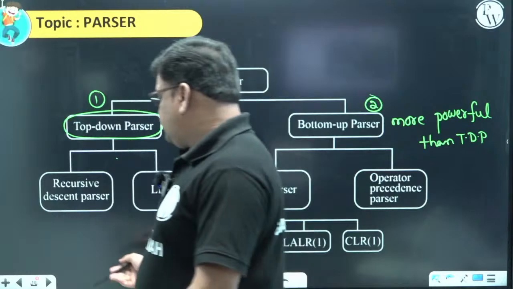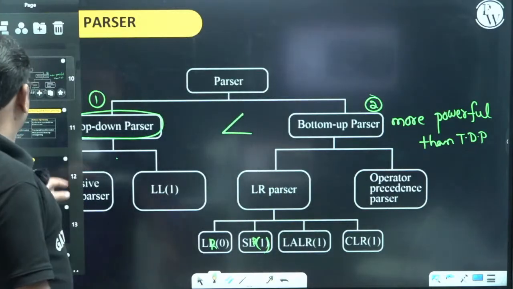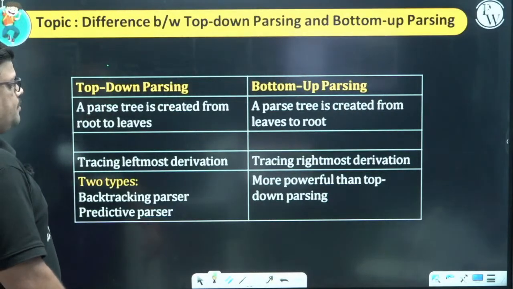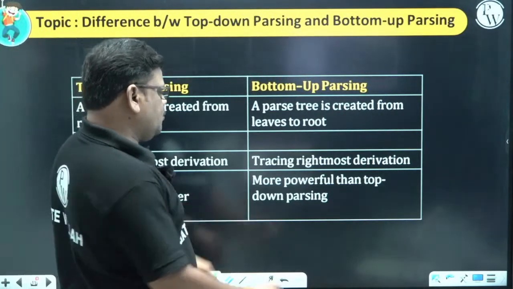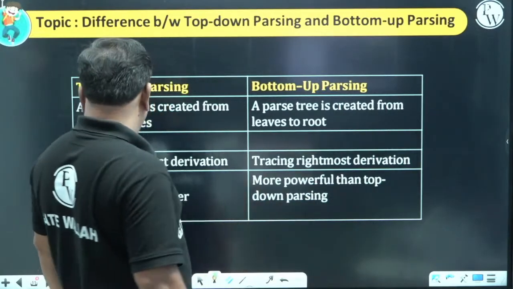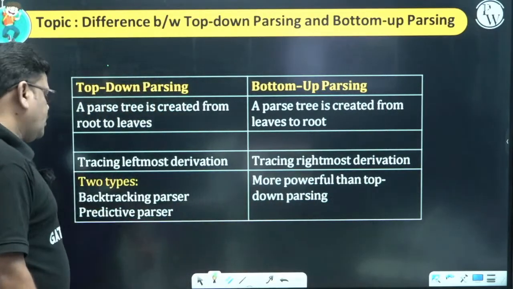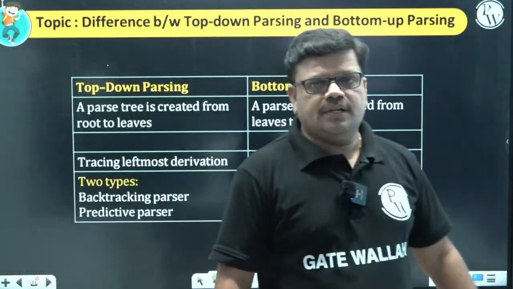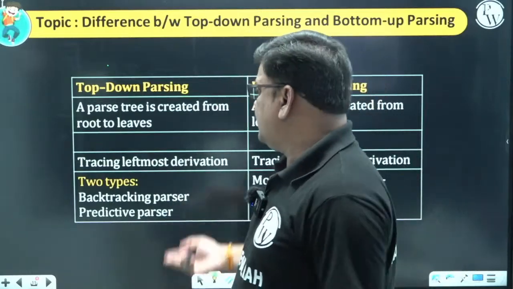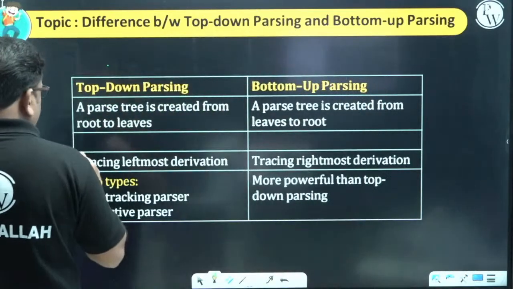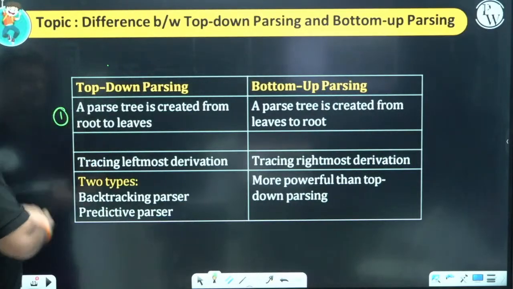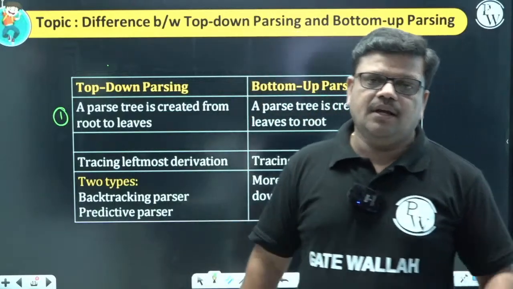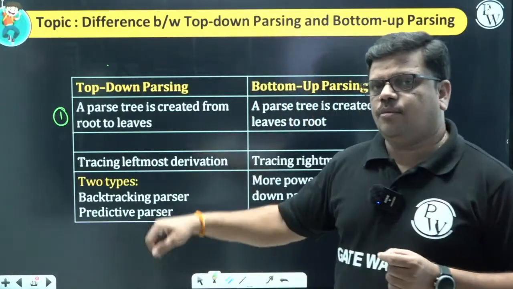Before designing this, let us try to see the exact differences between the top-down parser and the bottom-up parser. Power-wise, the bottom-up parser is more powerful and the top-down parser is less powerful.